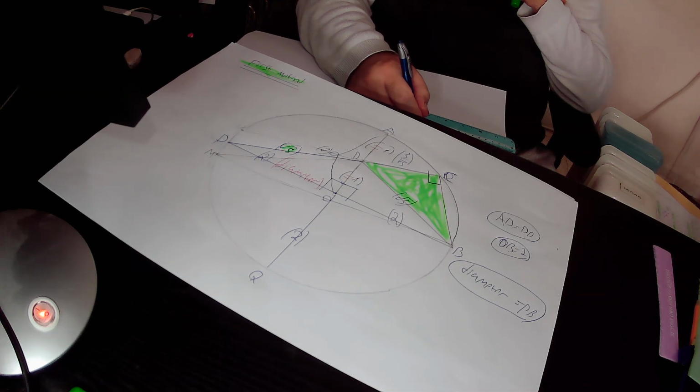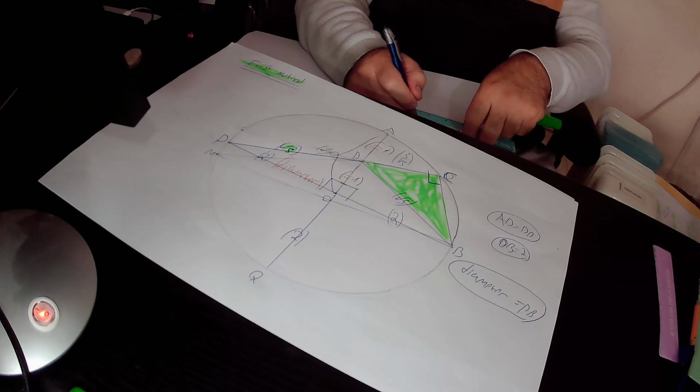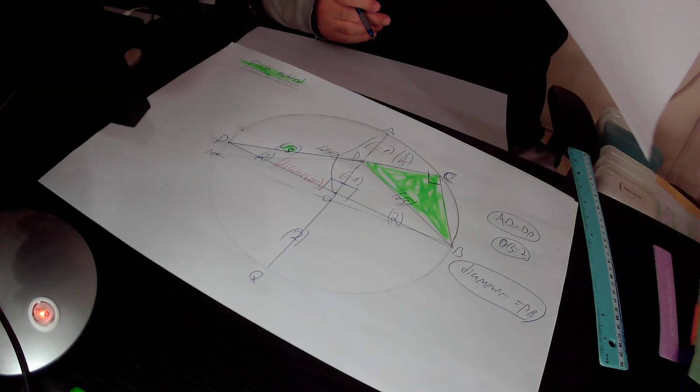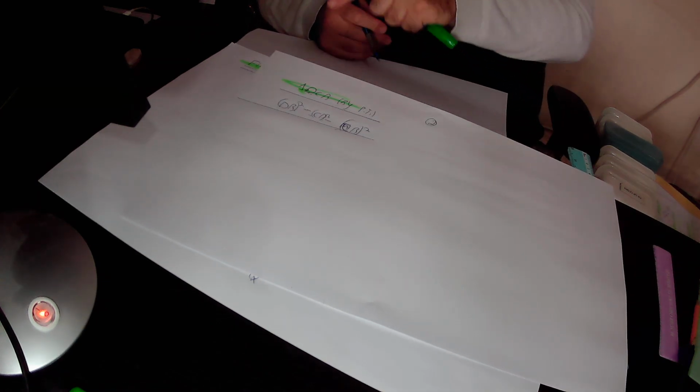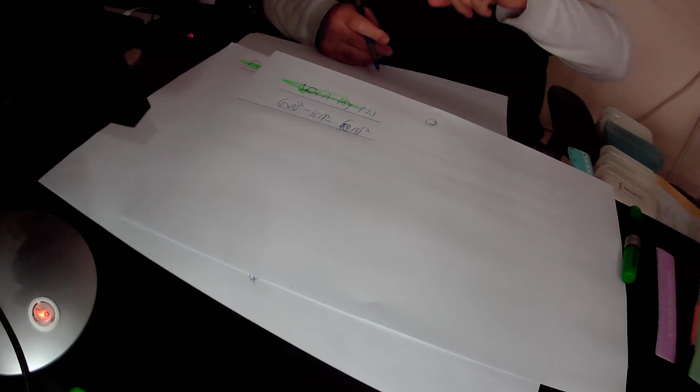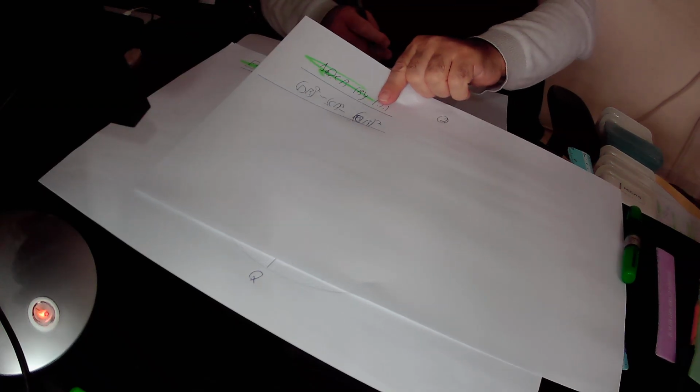And again, according to the Pythagorean theorem, and this time I find CB: DB squared, that is the square of the hypotenuse, equals CD squared plus CB squared.